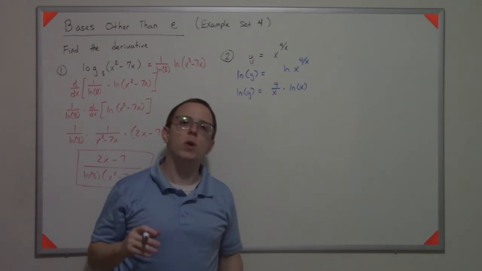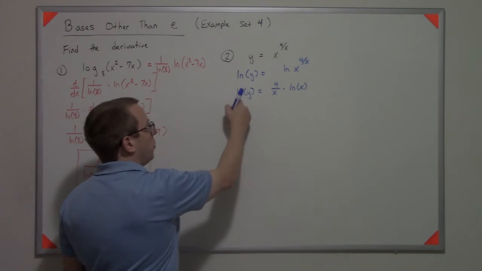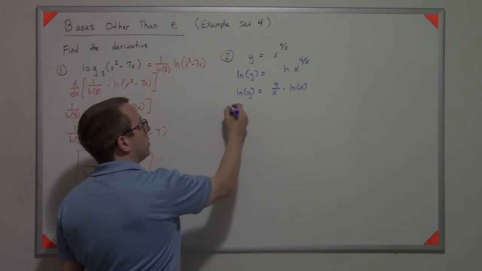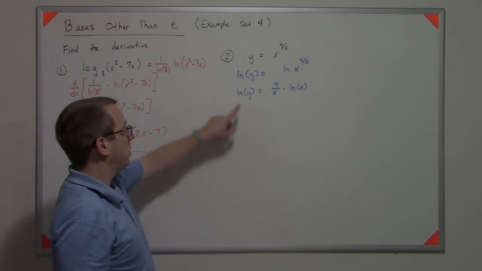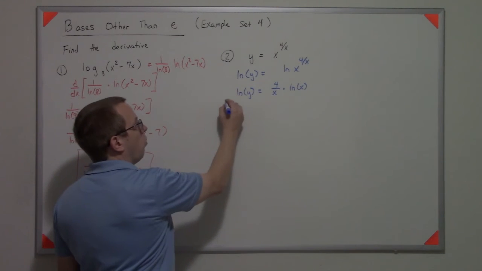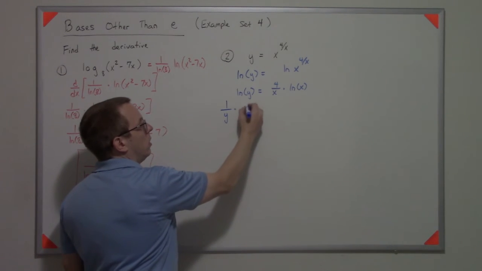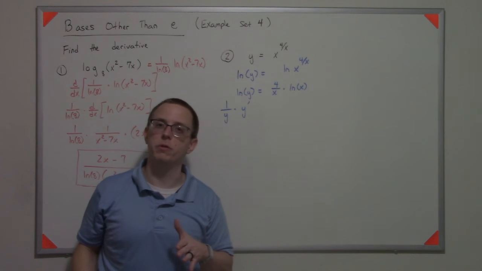So in doing that, what I can now do is take the derivative. The derivative with respect to x of this is, remember, the derivative of the natural log is 1 over the argument times the derivative of the argument.